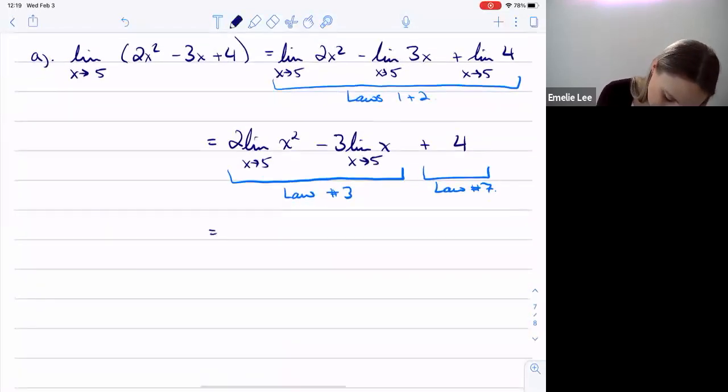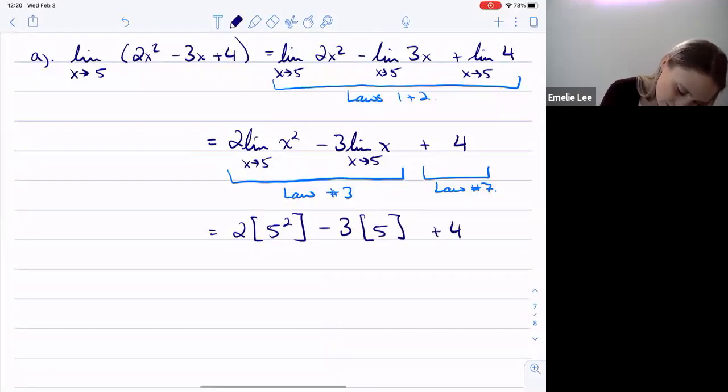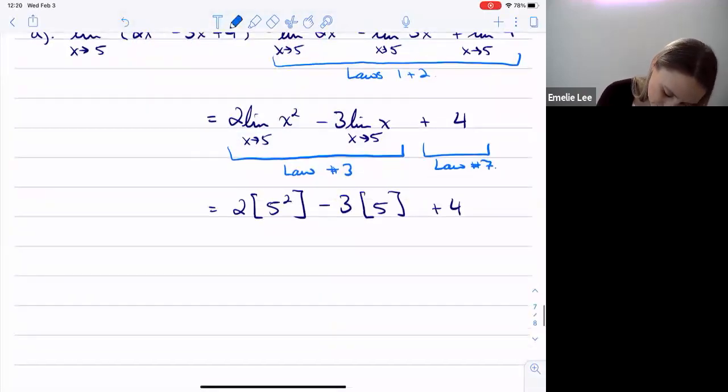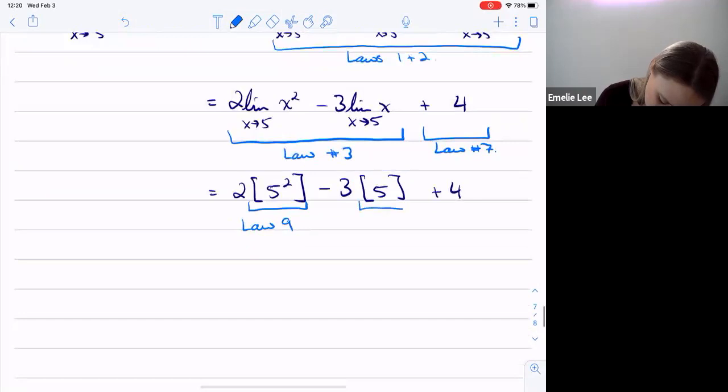So this is going to be 2 times 5 squared minus 3 times 5 plus 4. So this here is law 9, and this is from law 8.